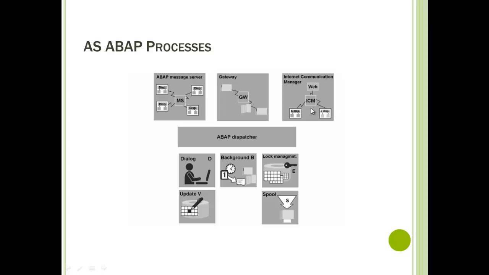And next one is ICM, Internet Communication Manager. This enables communication between the SAP system and HTTP, that means web protocol, and ICM requests from a client are forwarded to SAP. For example, it can be ABAP or it can be Java.